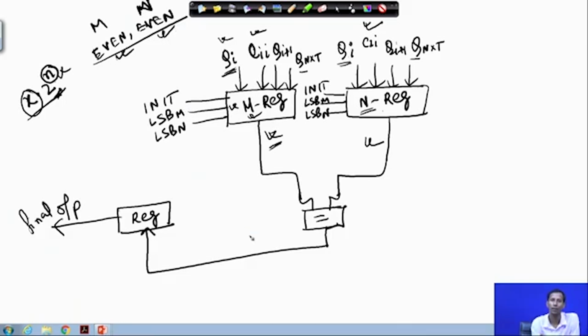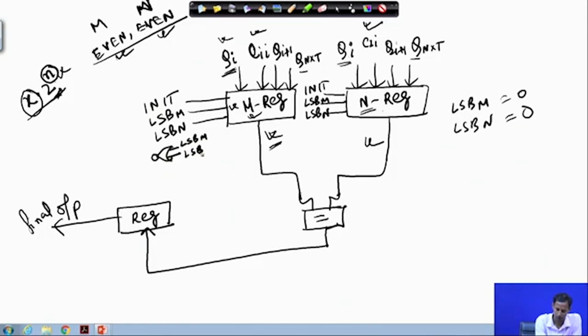How can I determine that these are even positions? That is when the LSB of M and the LSB of N are both 0. So, I need one NOR gate, where one input is the LSB of M and the other is the LSB of N, which will tell me that this is a position where both are 0.